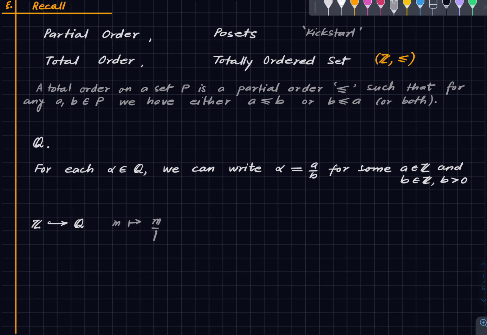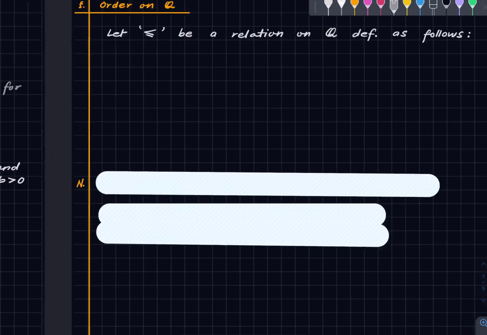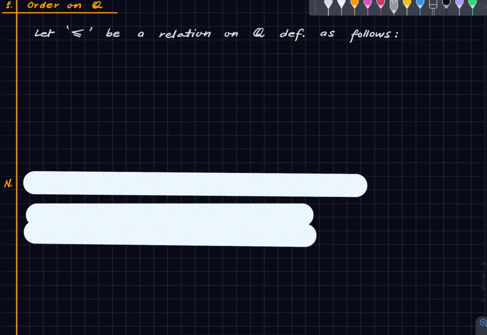Let us now move on. We will define an ordering on Q, meaning a partial order on Q, which will turn out to be a total order. How do we do that?